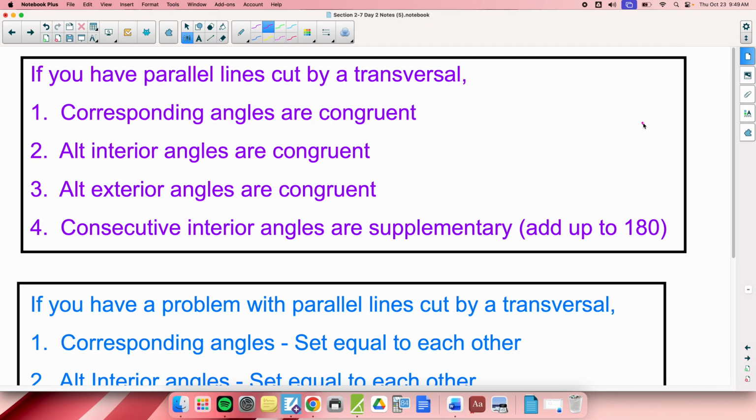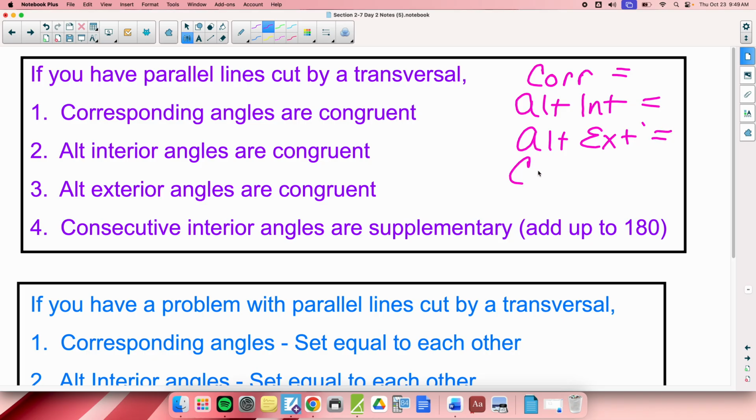All right, now let's go here. This is kind of a summary of what I just went over. A lot of times I'll summarize this on the top of a page and say corresponding are equal, alternate interior are equal, alternate exterior are equal, and consecutive interior equal 180.